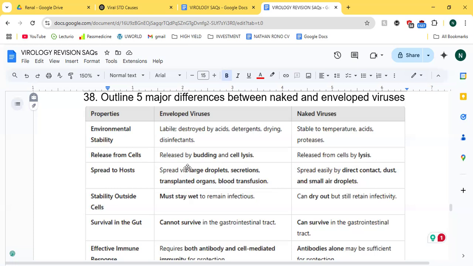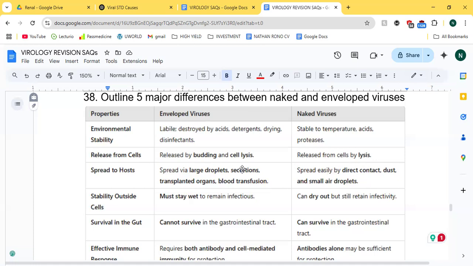Spread to hosts. Enveloped are spread via large droplets, secretions, transplanted organs, or blood transfusion, because they cannot survive outside of the body. Naked ones, because they can survive outside the body, direct contact is okay, dust and small air droplets. Enveloped need secretions. They don't want to stay outside of the body for a long time.